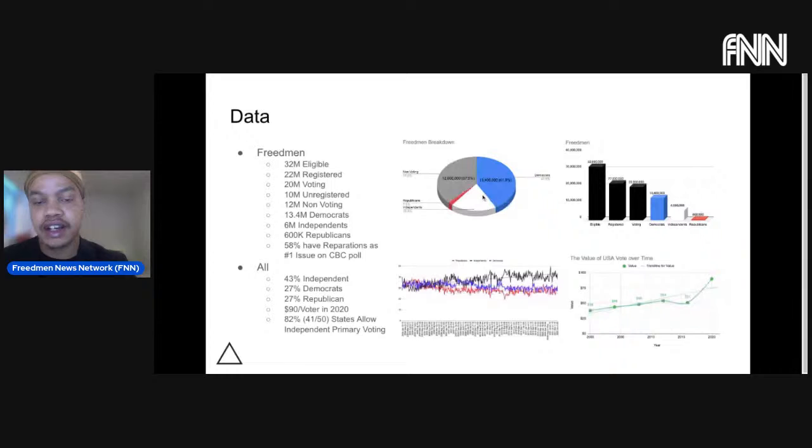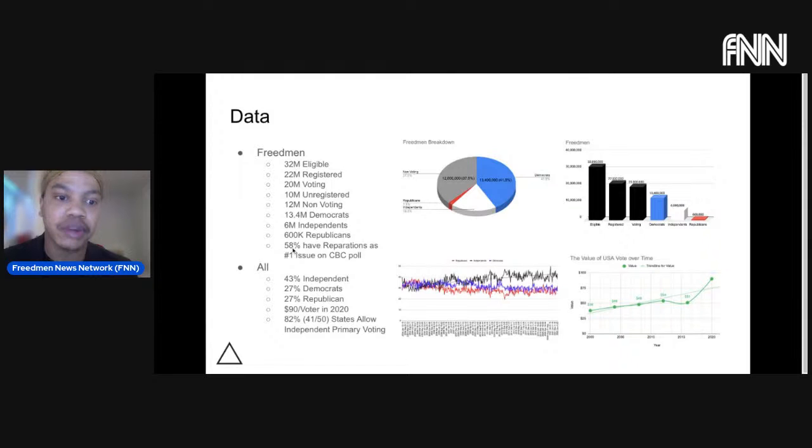That would outnumber the 13.4 million Democrats and the 600,000 Republicans. So if the 12 million non-voters actually vote and the 6 million independents vote, we could accomplish anything we want and we wouldn't have to complain about two other parties.